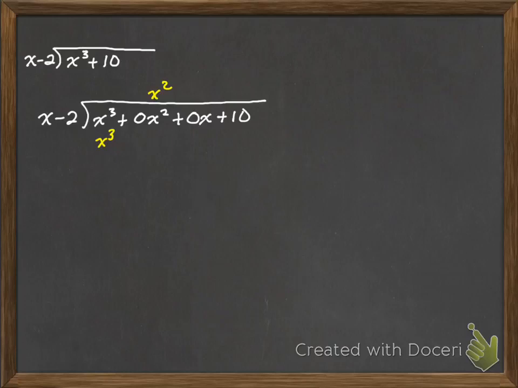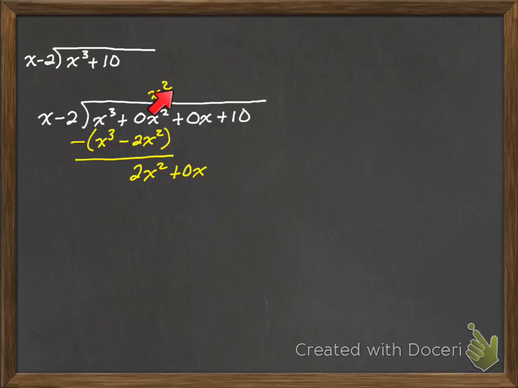And then x squared times negative 2 will be minus 2x squared. Parentheses and subtract. So the x cubes will cancel. 0 minus negative 2 will give us a positive 2x squared. Bring down the next term.